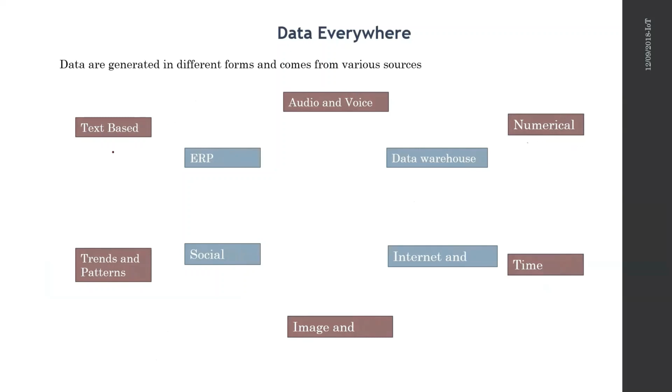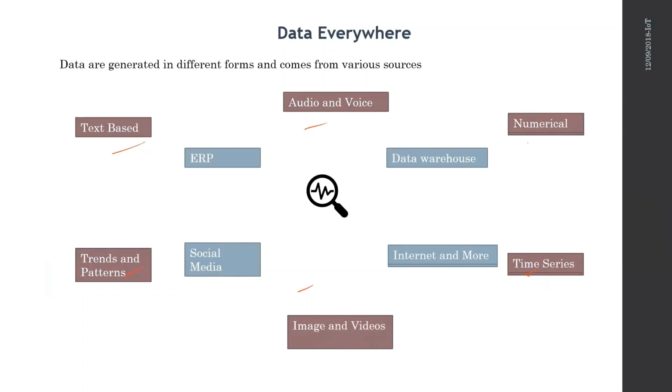Now we are working on text, audio, image, trends, social media data, and time. The sources and forms of data have increased, so rule-based engines may not work on some of these data assets, but machine learning and deep learning have been designed in such a way to garner information from all this data.